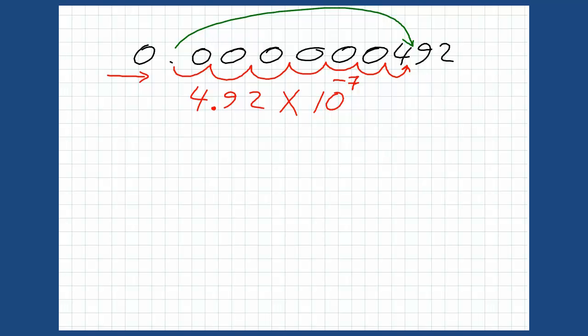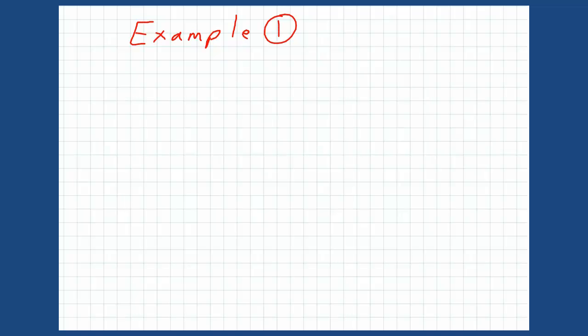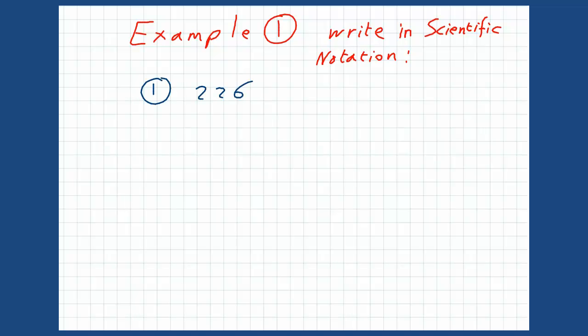Let us take some examples on this. Example 1. Write in scientific notation 226. To write this number in scientific notation, we will write it again.